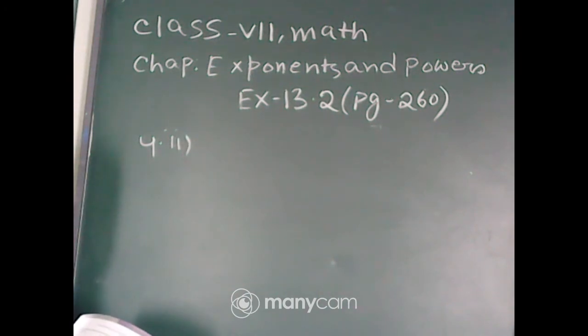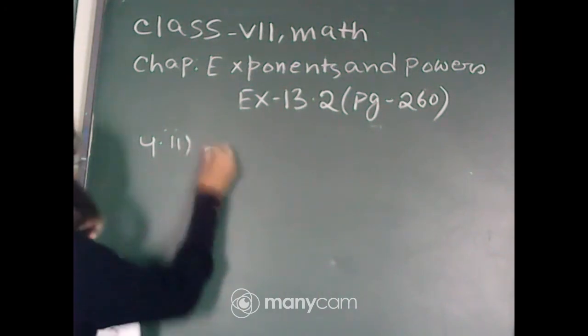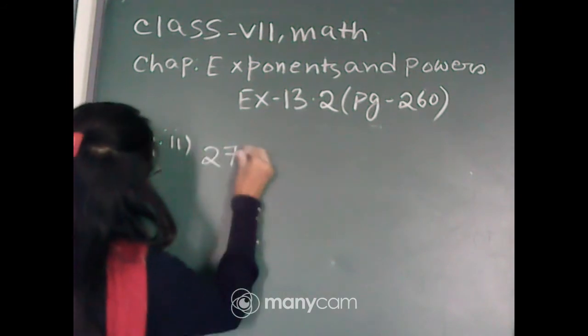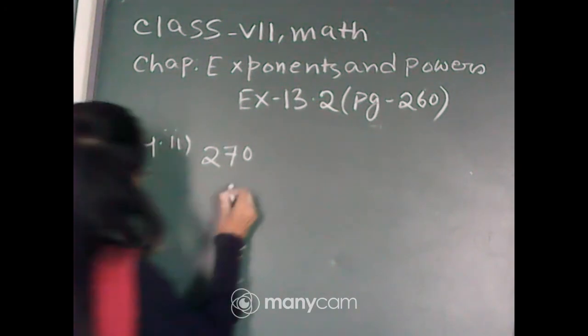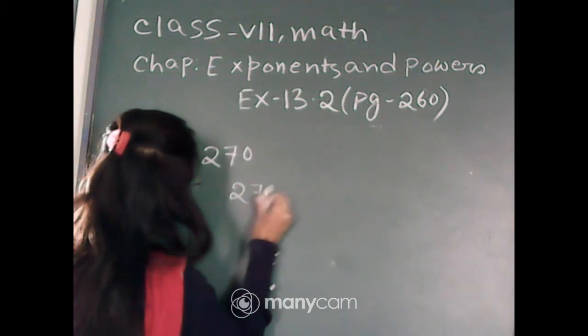We have to express the number 270 as a product of its prime factors. We use the prime factorization method.